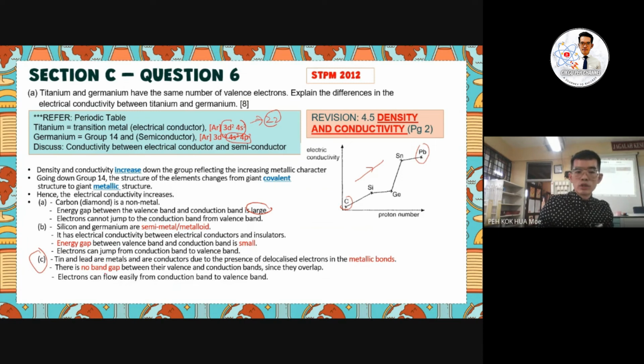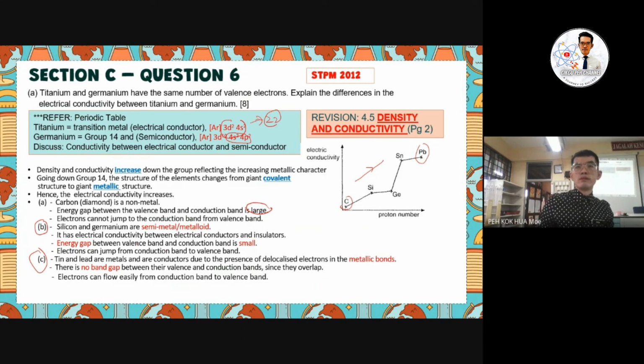You discuss that there is no gap between the valence and conduction bands since they overlap, so electrons can flow easily between the conduction band and valence band, so it can conduct electricity. And again, you use the notes: germanium is a semi-metal which has conductivity between conductor and insulator.